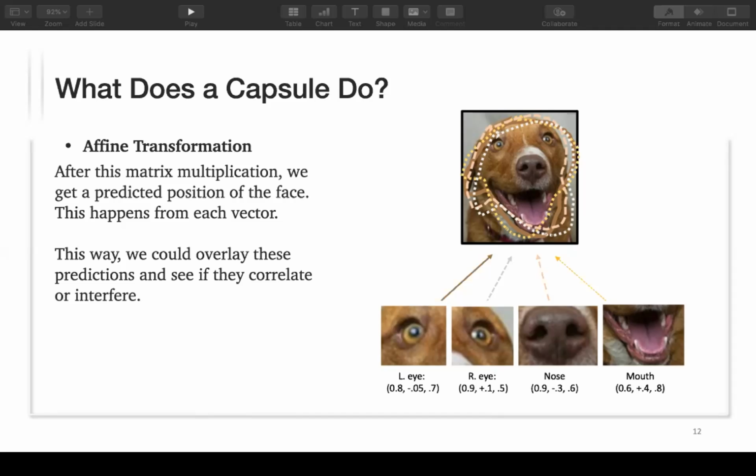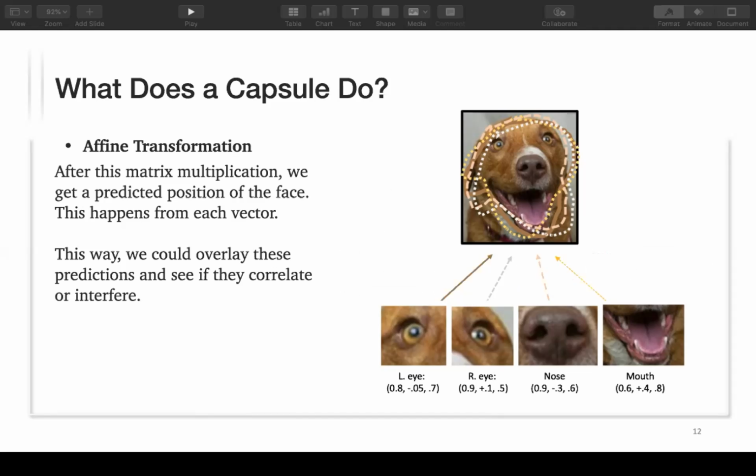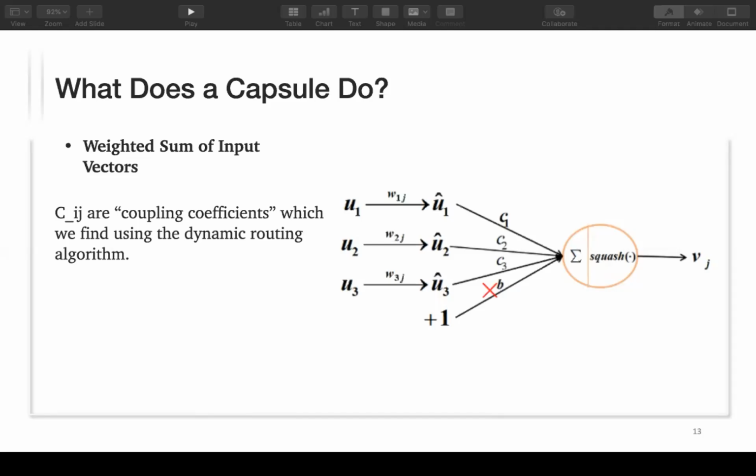If they are similar enough, that means they correspond to the same part. So the coefficients C1, C2, C3 here will have larger weight. If the predicted faces here are not similar to each other, then the corresponding coefficients will have less weight. And this is the idea of dynamic routing.